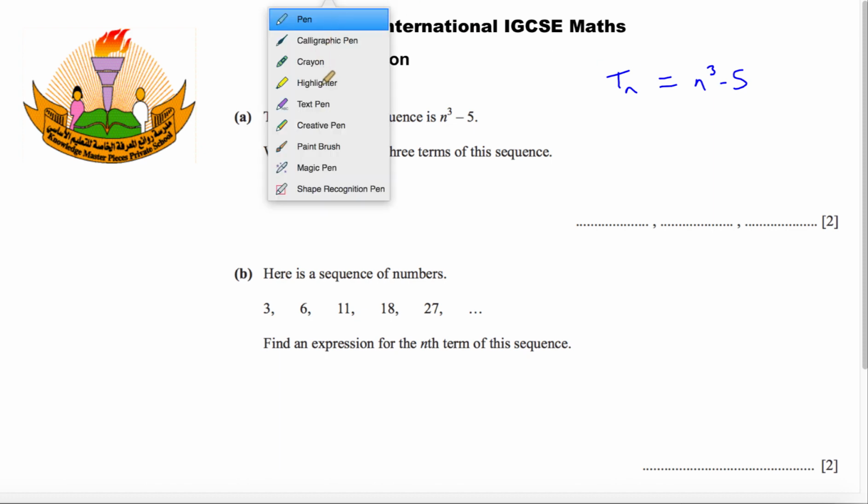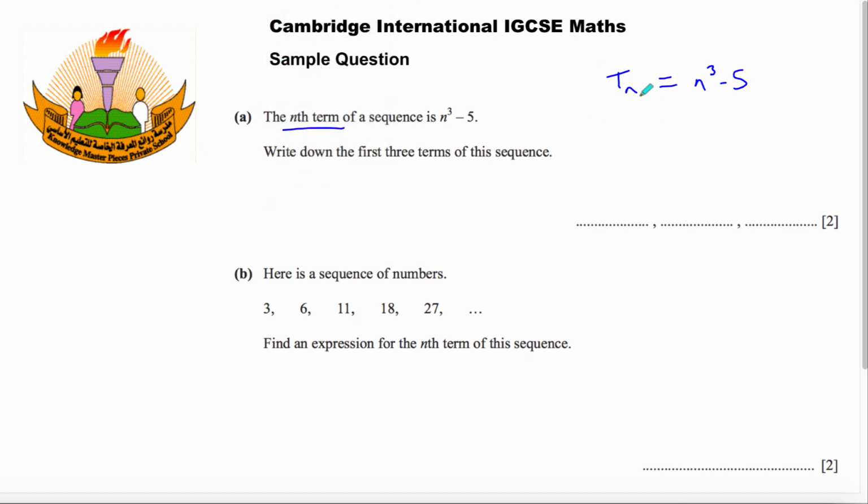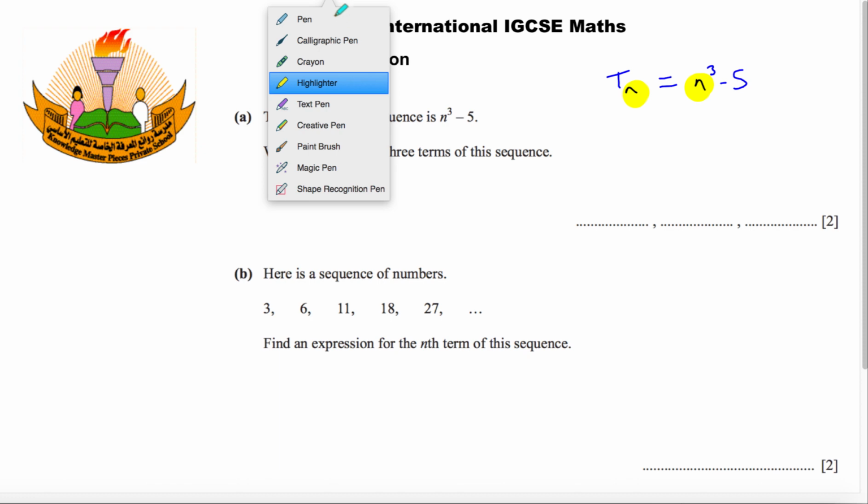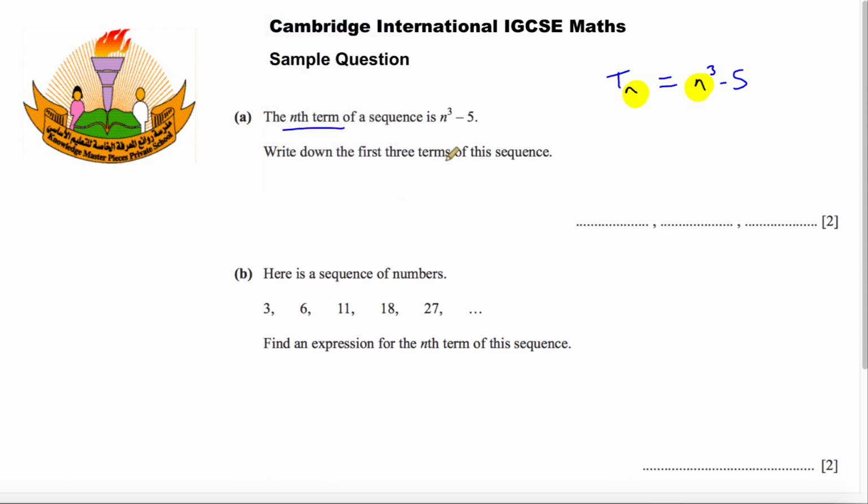Now the key thing, if you're given the nth term, is you've to link the n here with the n over here, any n's in the expression. So what we need to do then, if we're looking for the first three terms, that's T1, T2, and T3.